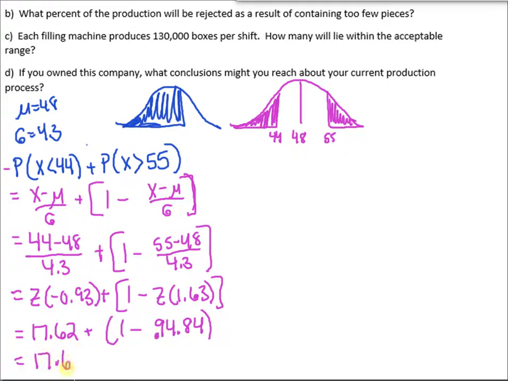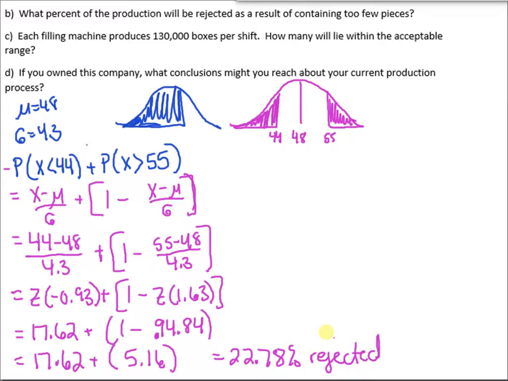So we do 1 minus 0.9484, and we get a probability of 5.16%. When we add these two together, we get a total probability of 22.78%. So there's a 22.78% chance it will be rejected, for too many or too few pieces in the box. Go to the next video and we will do C and D.